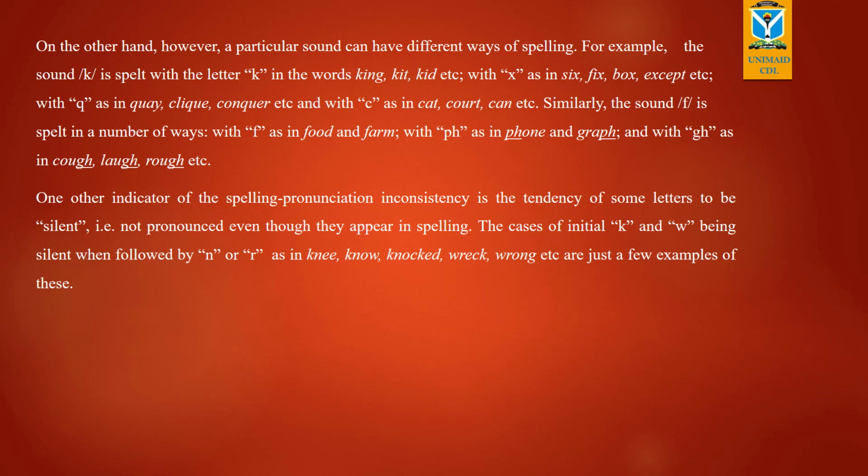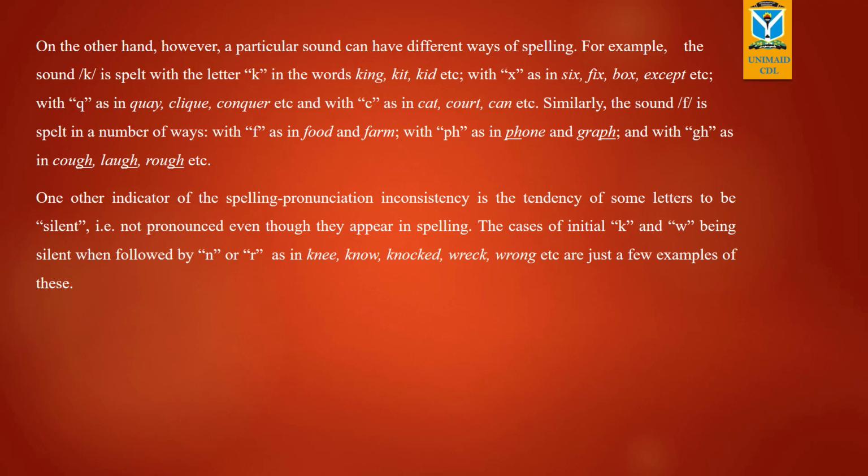For example, the sound K is spelled with the letter K, as we have said, in words like king, kit, or kid; with X as in six, fix, box, accept, etc.; with again Q as in key, click, conquer, etc.